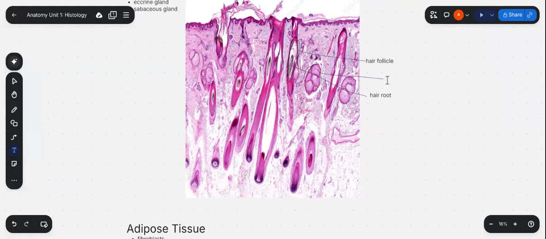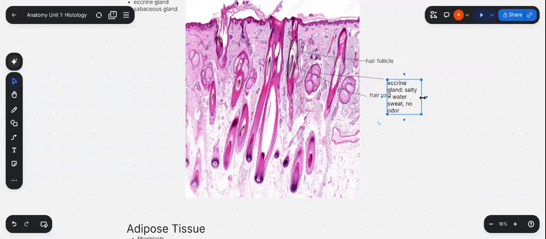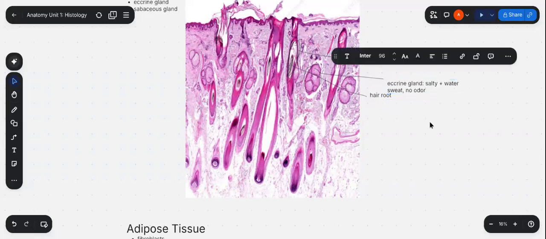And an eccrine gland is in charge of producing that salty, more watery type of sweat, and it is not going to have any odor. So that is what eccrine glands are in charge of.